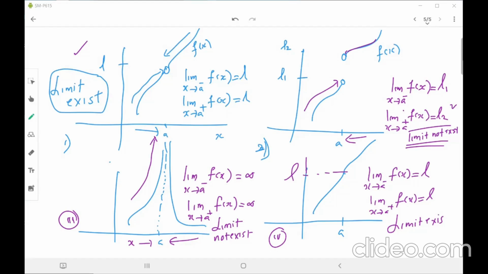That's my question. One hint I can give you: here, this is an open circle. Here, there is no open circle. Now, can you tell me?